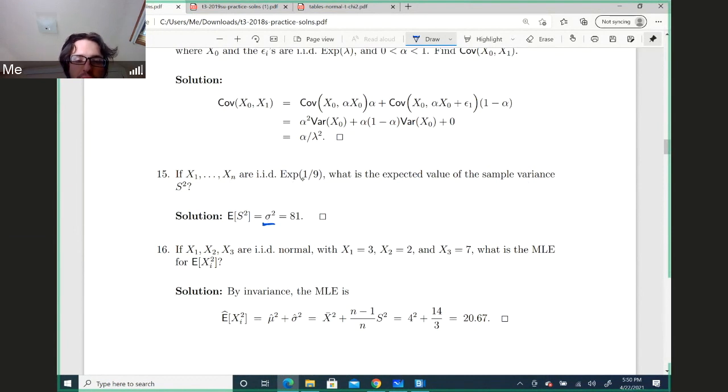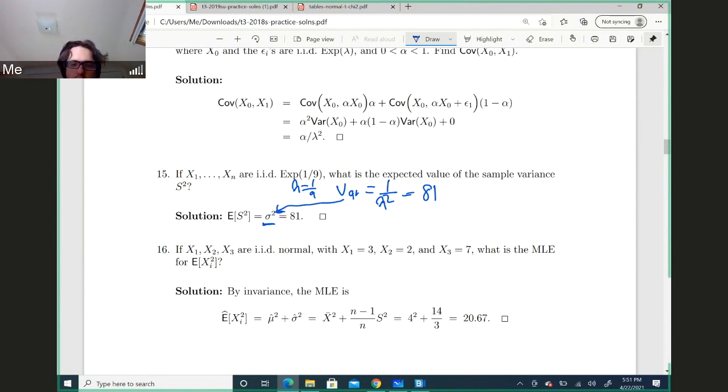For an exponential variable with lambda equal to 1/9, from your cheat sheet, the variance is 1 over lambda squared, which is 1 over (1/9) squared, equal to 81. And that's how you get your answer.